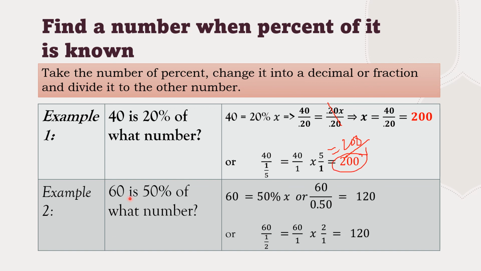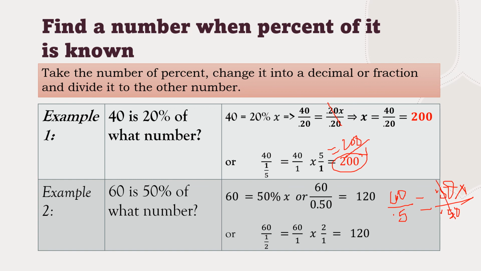Next example is 60 is 50% of what number? So 60 is equal to 50% of the unknown number, or 60 is equal to 0.50x. We divide both sides by 0.50, or 1/2, so this will become cancelled.